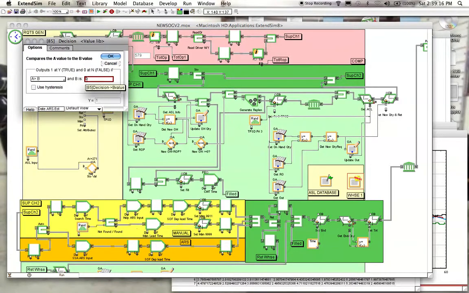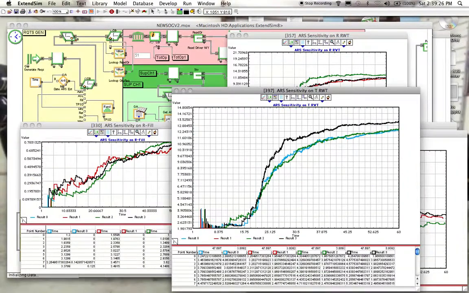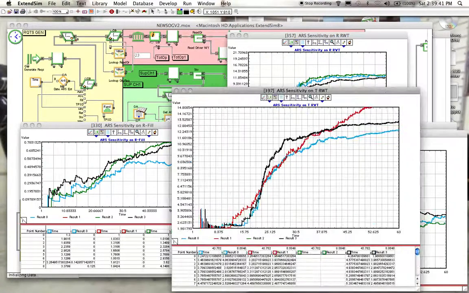And then I would come back and change this to 61, which would be an all manual system. And then start looking at that. I think you can see that in some of these lines we're going to have a distinct difference. So you see that red line versus the black line and the way it goes.